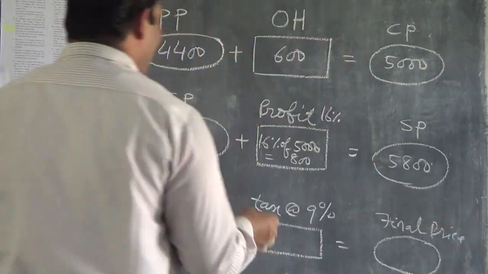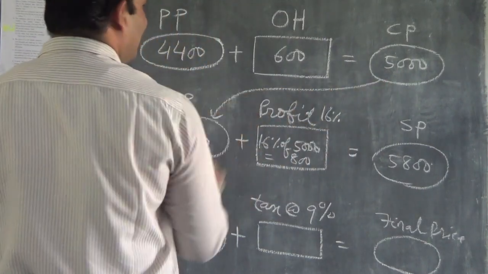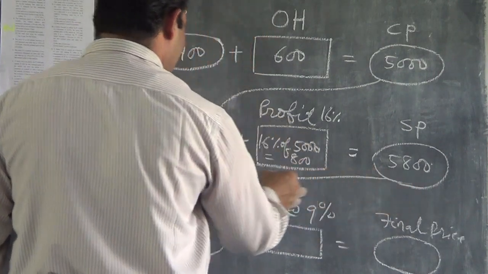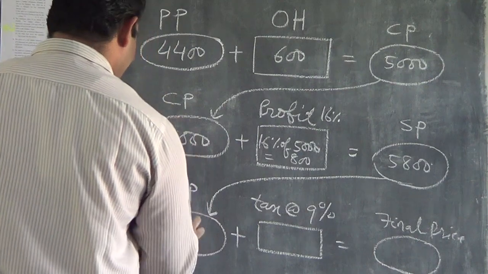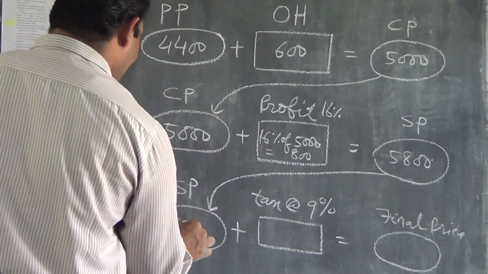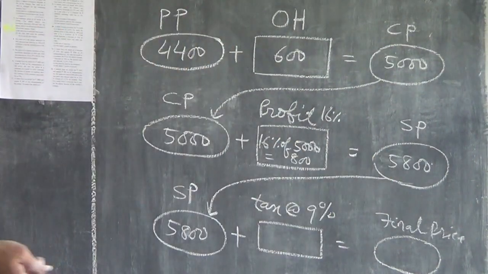So here you see children, this CP has come here. This is top down approach, and this SP has come here. And then when we apply this 5,800 plus 9% tax, when we calculate, our final price will come.